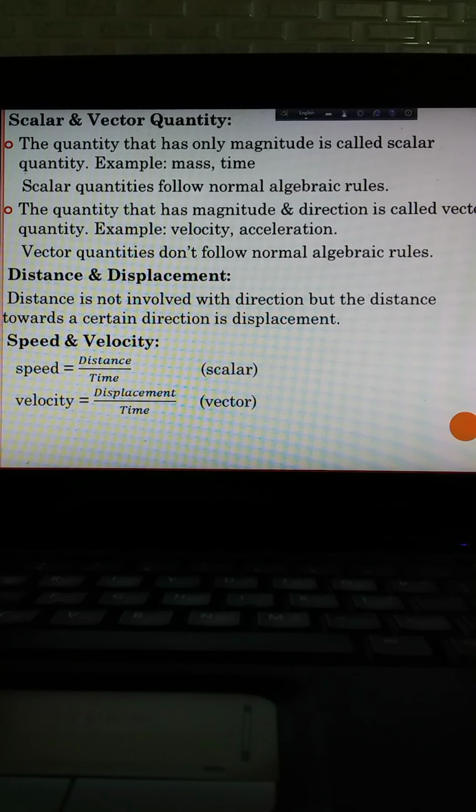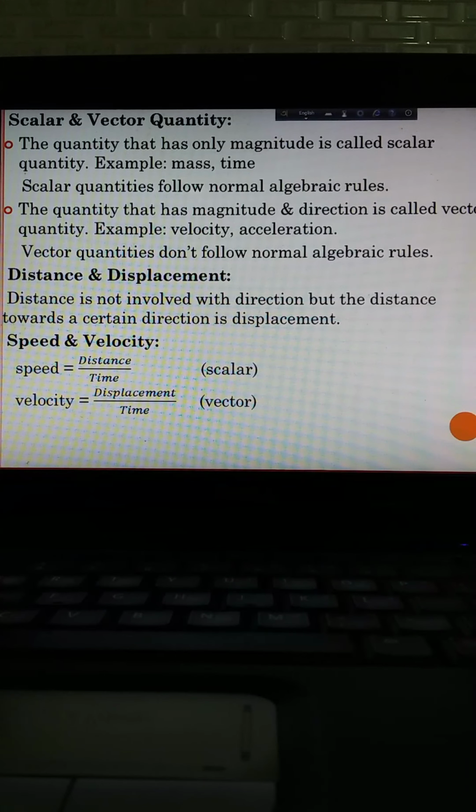Vector quantities don't follow normal algebraic rules. That means for subtraction, addition, multiplication, division, there are some special rules for vector quantities. You will know the details of these rules in your HSC class. In your higher studies you will know details about vector quantities and their rules.